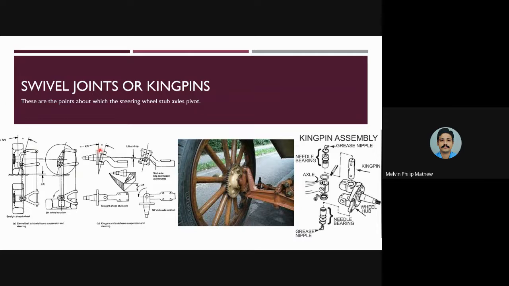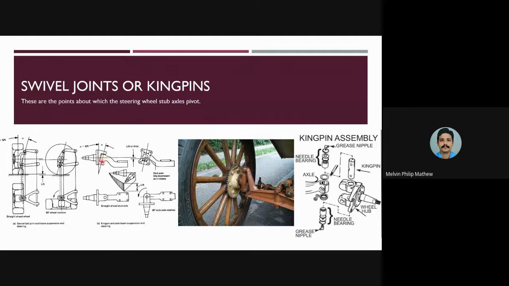And this one is the kingpin suspension that we have talked about earlier. Here the wishbone is being replaced by a kingpin. Kingpin is nothing but a bolt. You can see a bolt here. It is then assembled into this slot provided here at the wheel hub.